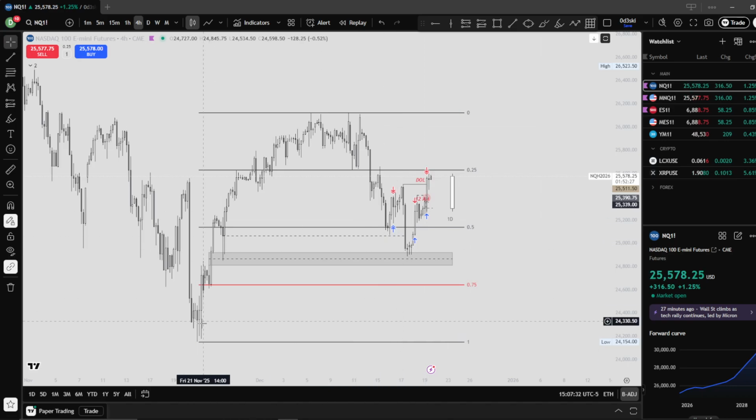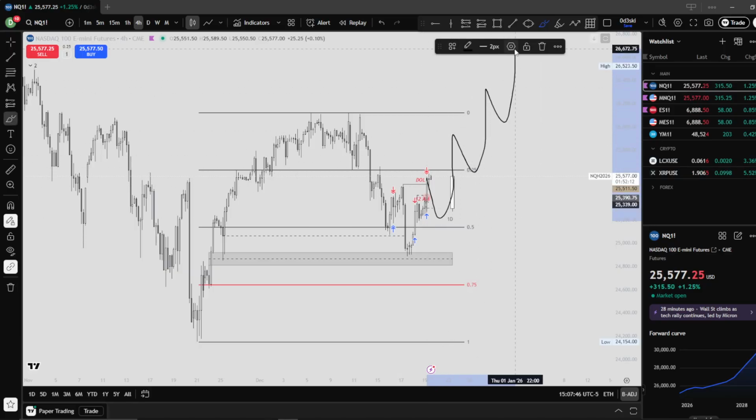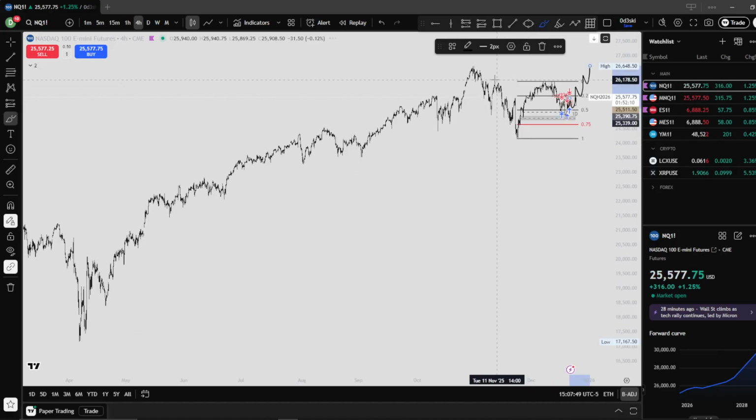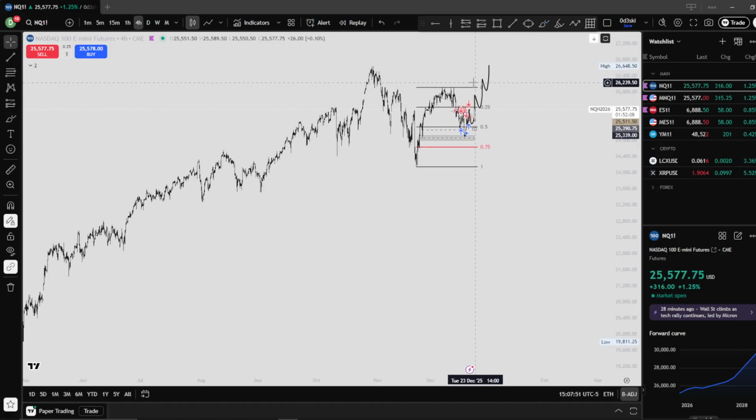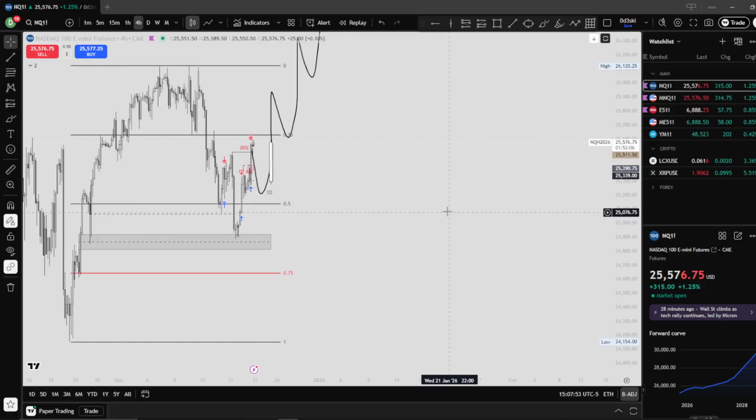And that's exactly what price is doing. That's exactly why price is going down. It was just to rebalance this range over here. So now we can really expect price to keep on going up. Next week I expect price to keep on going up, and going into New Year's I expect price to keep on going up. And that's pretty much it.